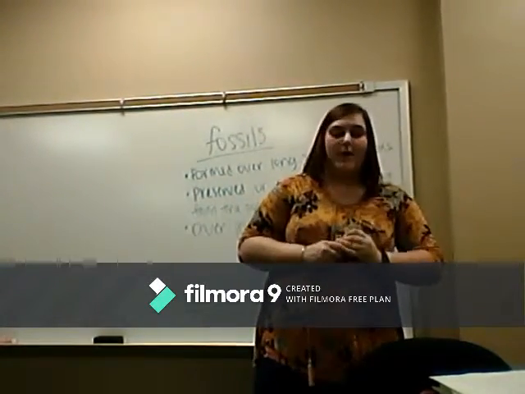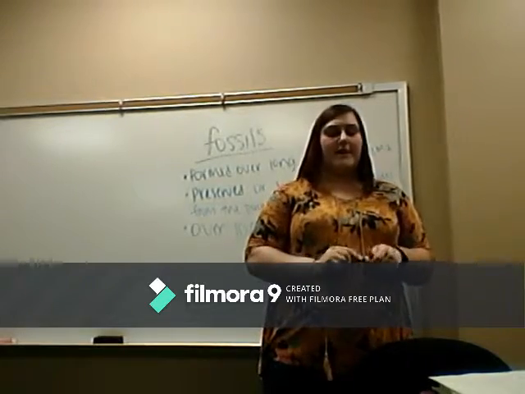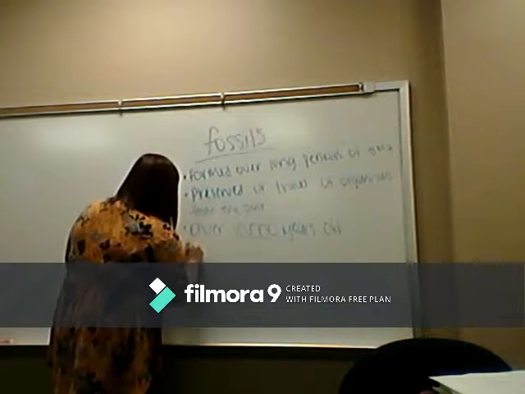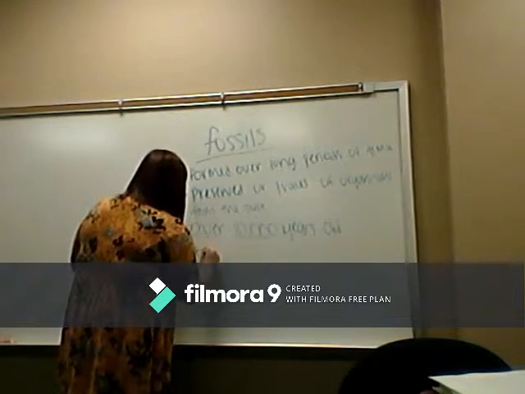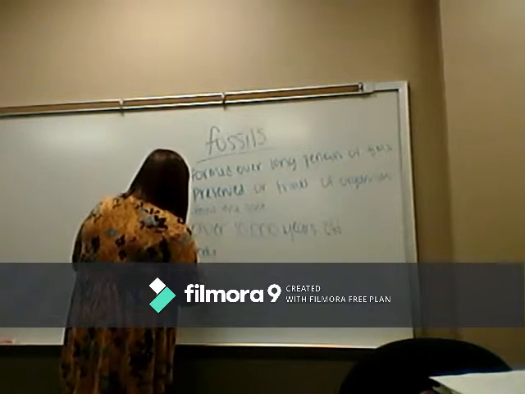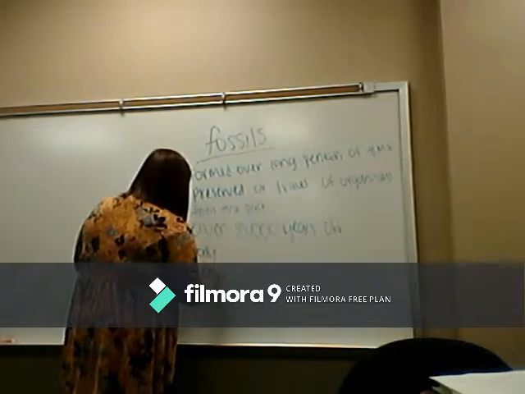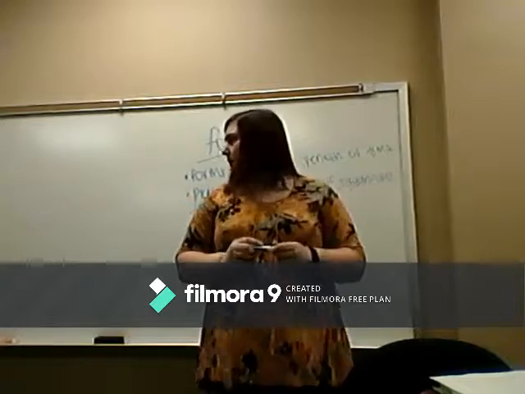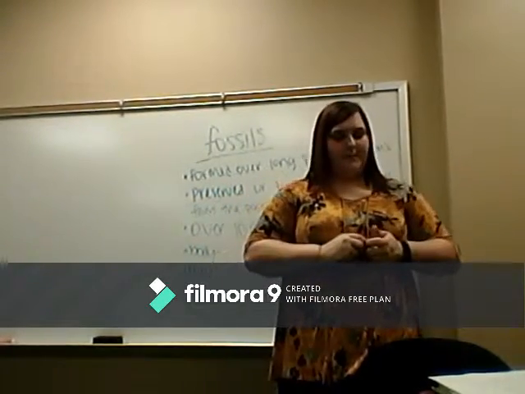So we have two main types of fossils. We have body fossils and trace fossils. Can anybody guess what a body fossil might be or what a trace fossil might be?